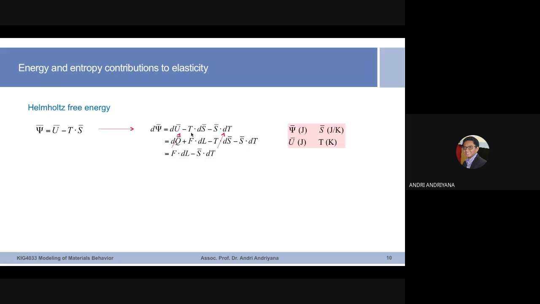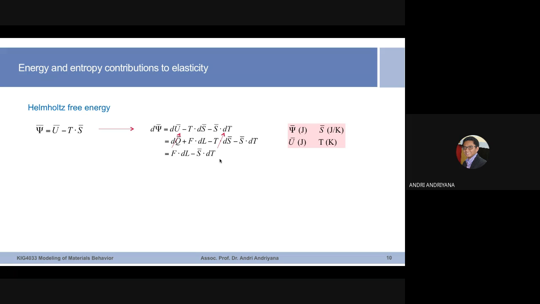Then if I use the first law of thermodynamics from the previous slide, where dU is equal to dQ plus F dL, so d psi equals dQ plus F dL minus T dS minus S dT. From the first law, dQ is equal to T dS, so they cancel out each other. So finally, I have this relationship here.